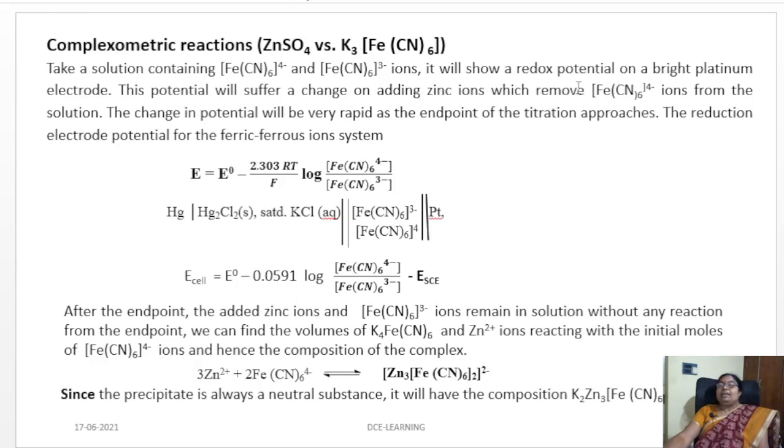It will show a redox potential on a bright platinum electrode, because we have to add both the oxidized and the reduced forms. Because zinc sulfate is a salt, the solution will be neutral or slightly acidic.